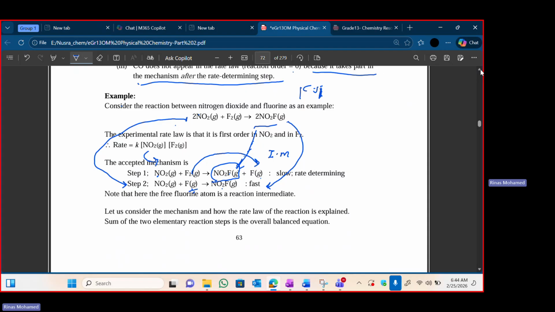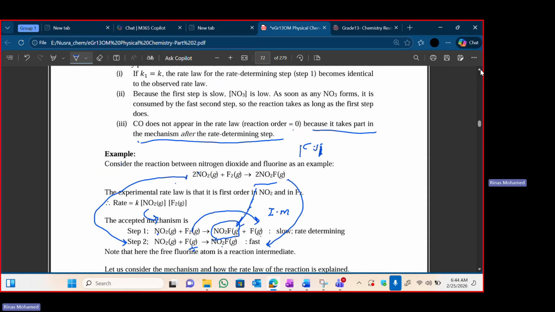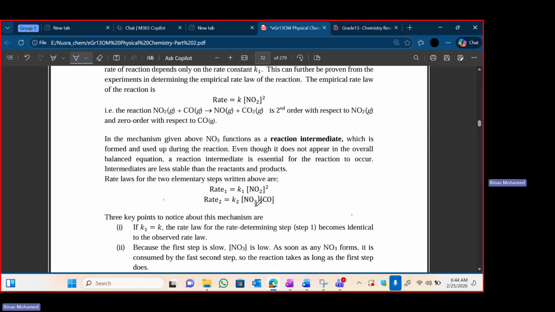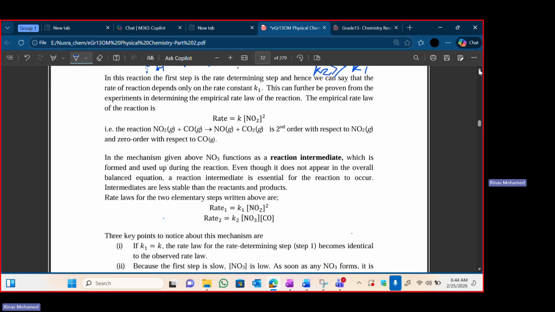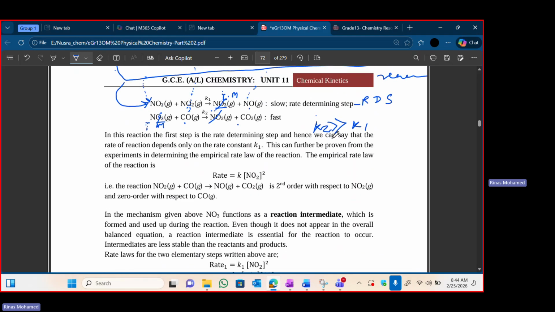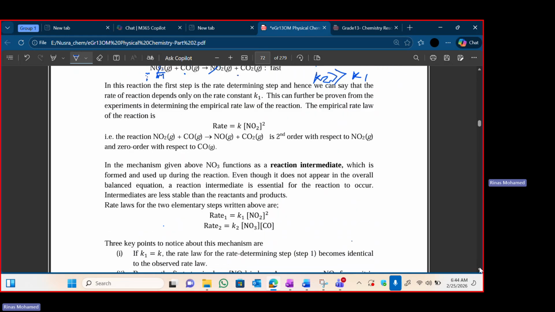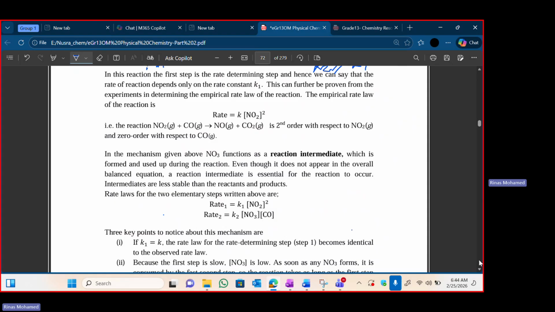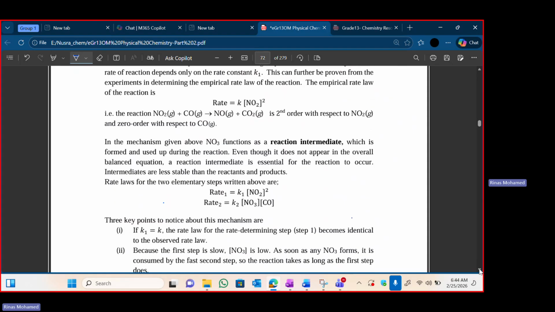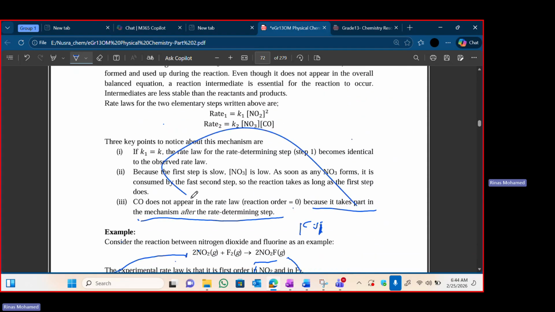Earlier we discussed how to write the rate law using the net reaction and RDS and K1, K2 data. How to find out the net reaction's rate law expression. That is the question for the first one, right?